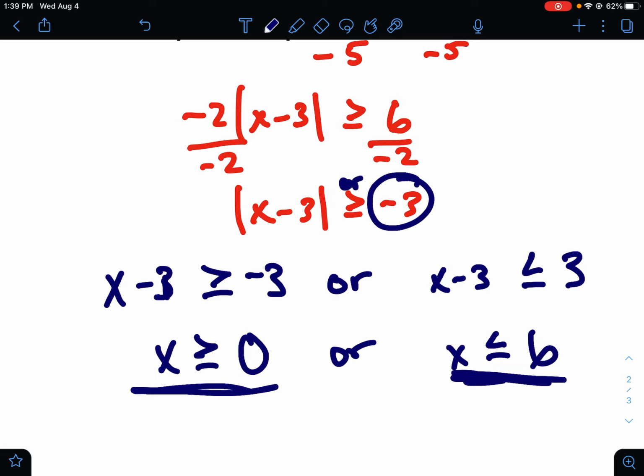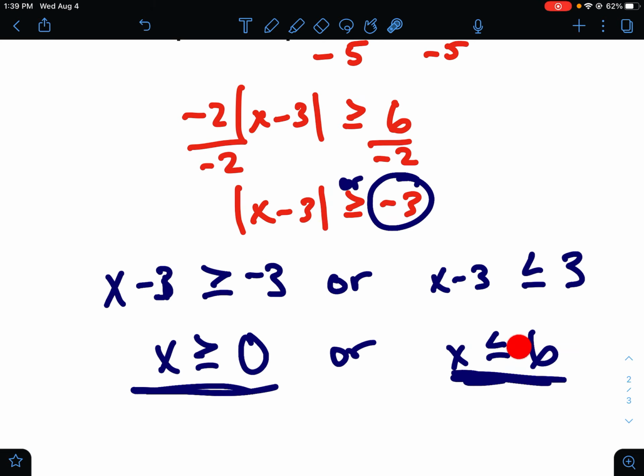So when we look at greater than or equal to 0, is this true? Well, if I put in 0 for x, 0 minus 3 is negative 3. Negative 3, the absolute value is 3. Is 3 greater than or equal to negative 3? Yes, it sure is.